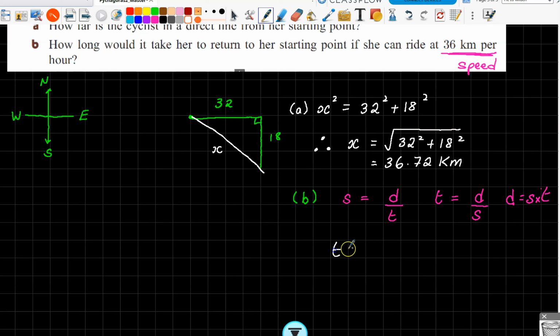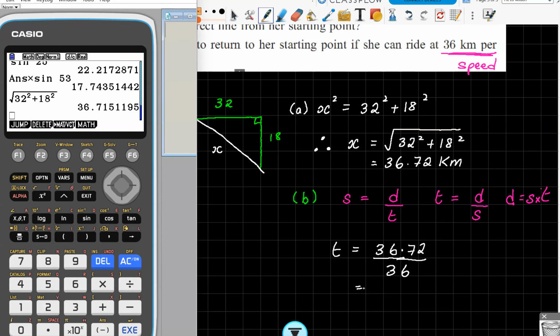So it's going to be time is our distance, 36.72 kilometres, divided by our speed, which is 36. Oh, yep, sorry. And while I'm here, I've still got that answer in my calculator, so I'm not going to type in 36.72.